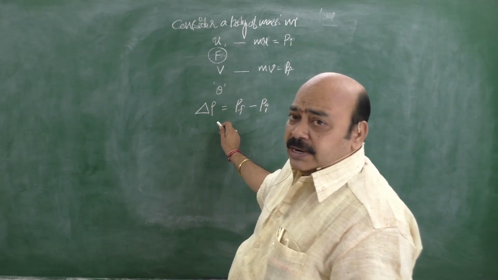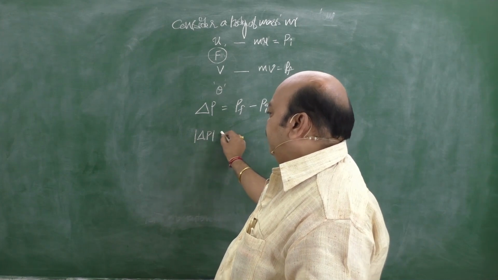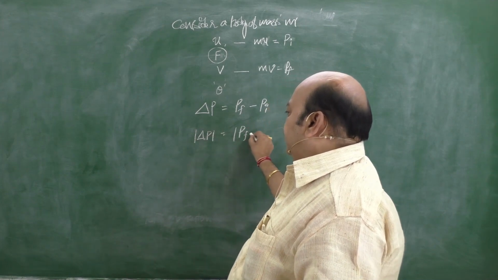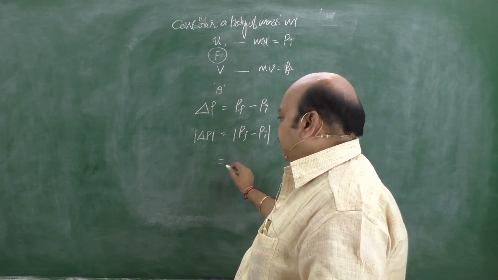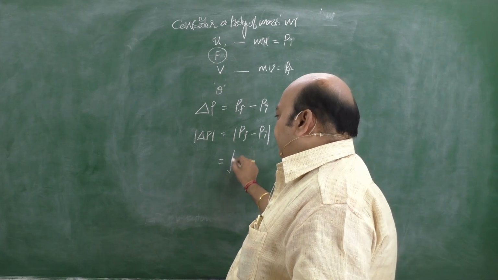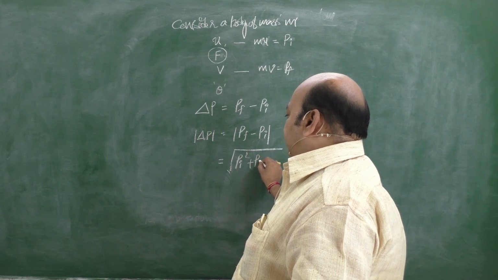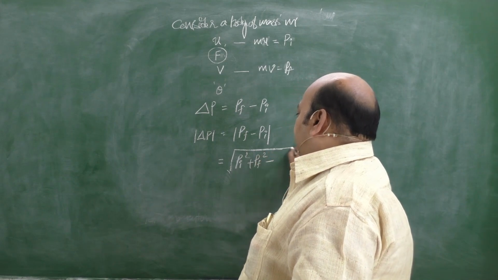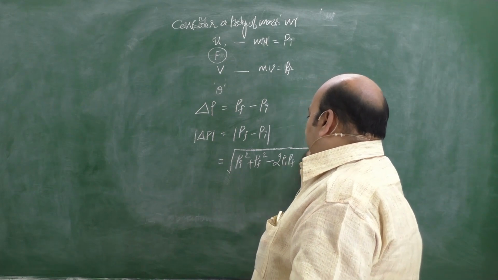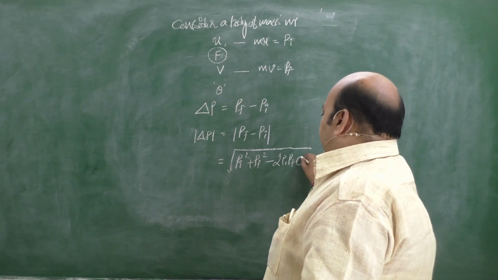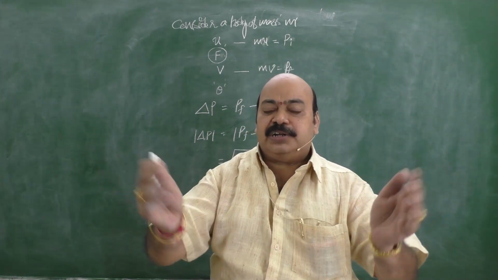For the magnitude, it is the magnitude of p final minus p initial, which is the square root of p i squared plus p f squared minus 2 p i p f cos theta, where theta is the angle between the initial and final directions of that body.